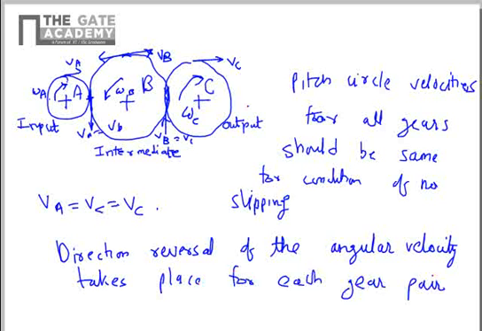So if you want the same direction sense, you need a gear train. It is also another application of the gear train. The A and C, input and output shafts, are rotating in the same sense, clockwise, while B is rotating anti-clockwise. So direction reversal is also one property.